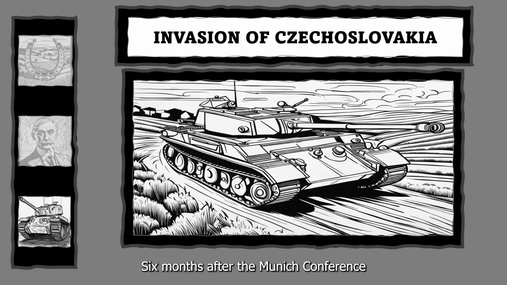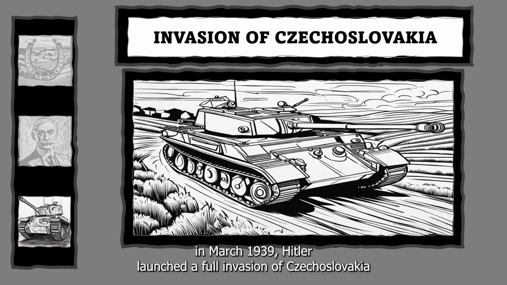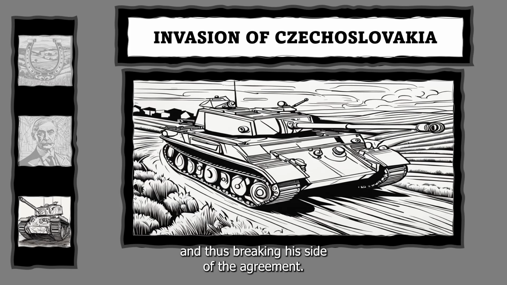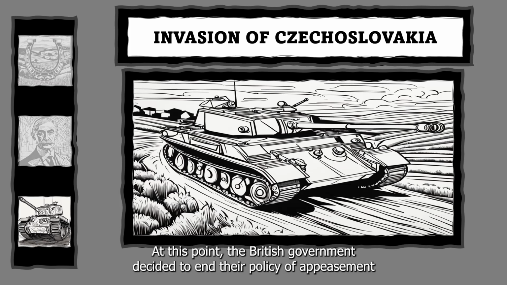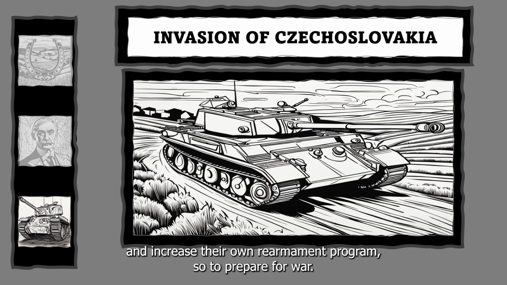6 months after the Munich Conference, in March 1939, Hitler launched a full invasion of Czechoslovakia, thus breaking his side of the agreement. At this point, the British government decided to end their policy of appeasement and increase their own rearmament program, so as to prepare for war.